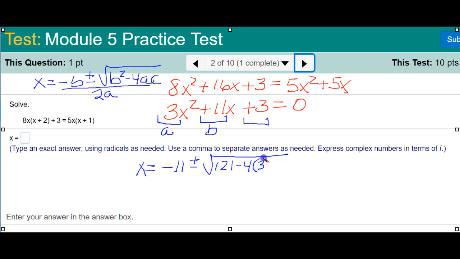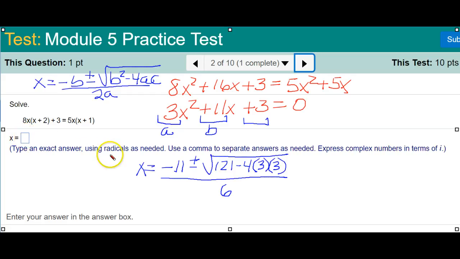and I would physically do this on your homework log. And then c is a positive 3. And all of this is going to be over 2 times a, which is 6. Now you grind this out, reduce where you can, and that's what you're going to put here.